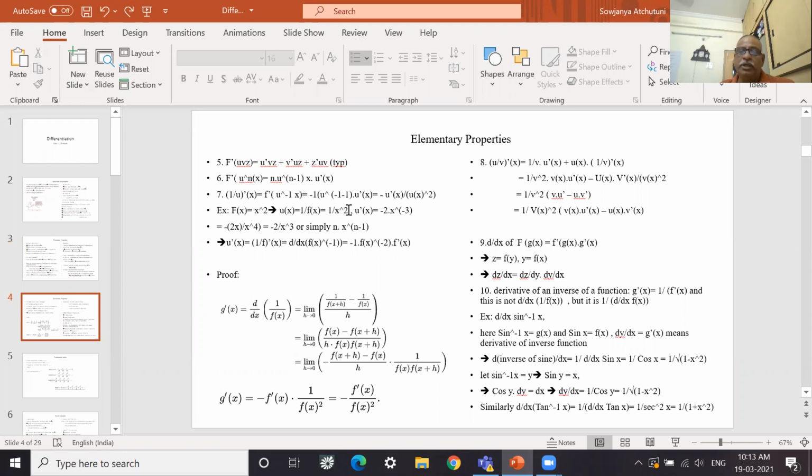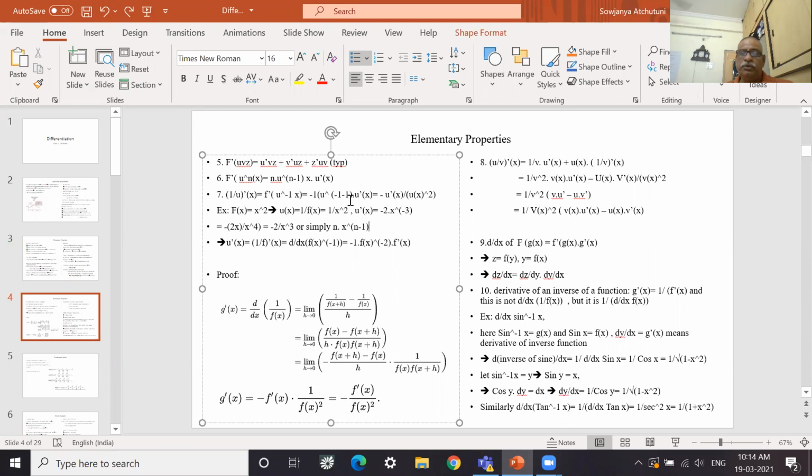So minus 2x by x cubed, so minus 2 by x square. By x to the power of 4 it has come here. Minus 2 into x to the power of minus 3. Simple. So minus 2 by x cubed. Okay. x to the power of minus 2 differentiates to minus 2 into x to the power of minus 3. So minus 2 by x cubed is the answer.